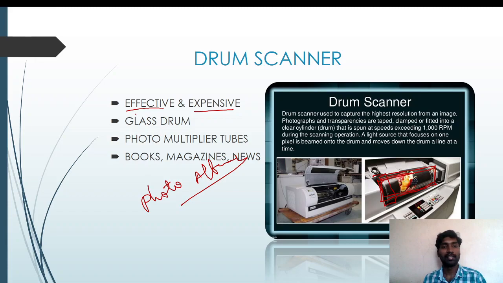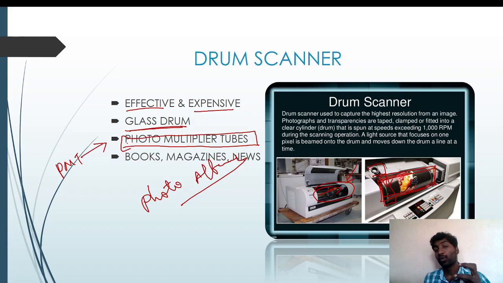See here, this is a glass drum. In this glass drum, light will pass from inside to outside, and at that time it will scan the particular file. It uses photo multiplier tubes, PMT. This is a full form, very important.